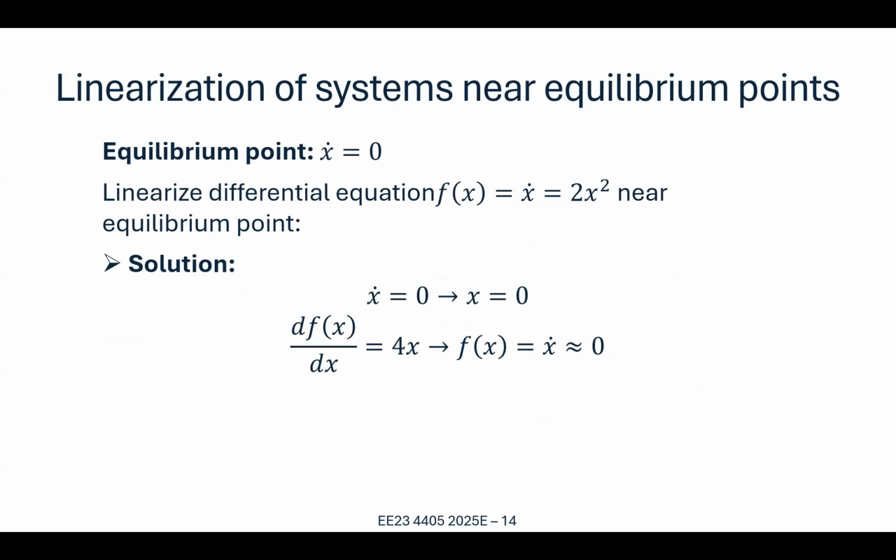If we linearize the differential equation f(x), x dot equals 2x squared, near the equilibrium point, we set 2x squared, which is x dot, to be 0, which means automatically x becomes 0.